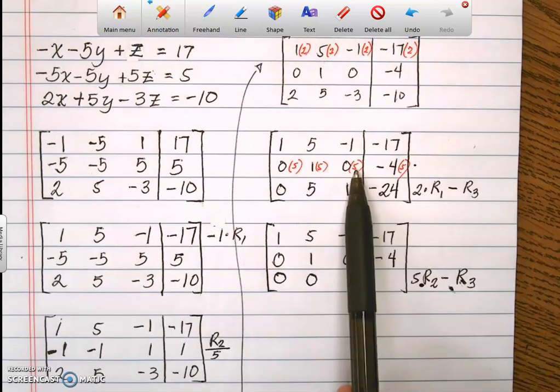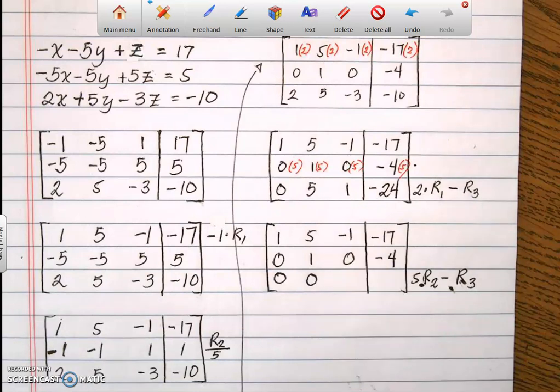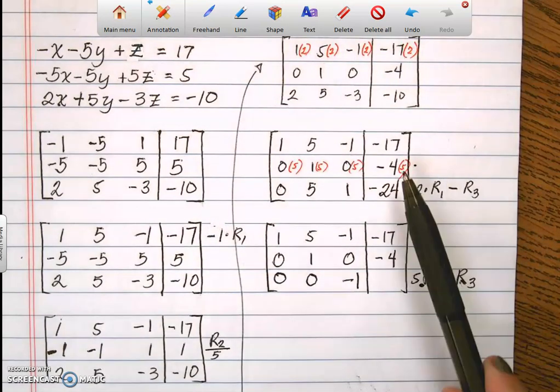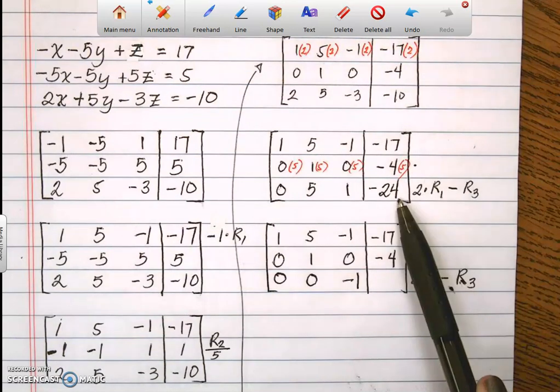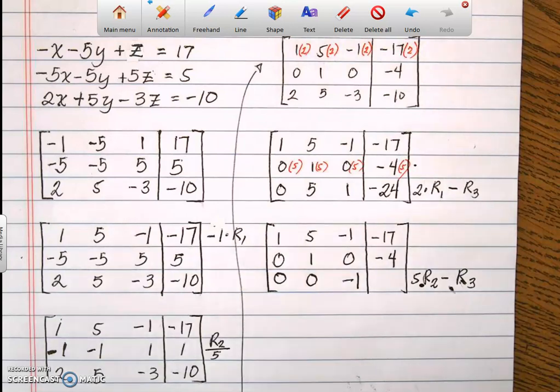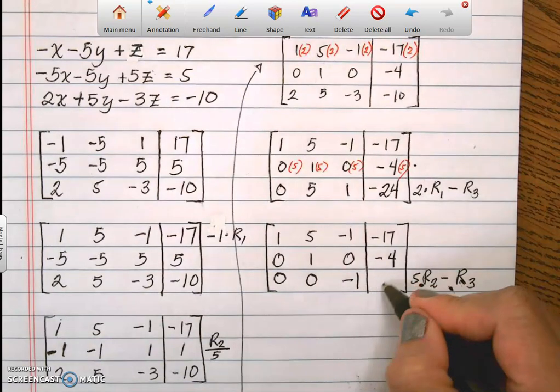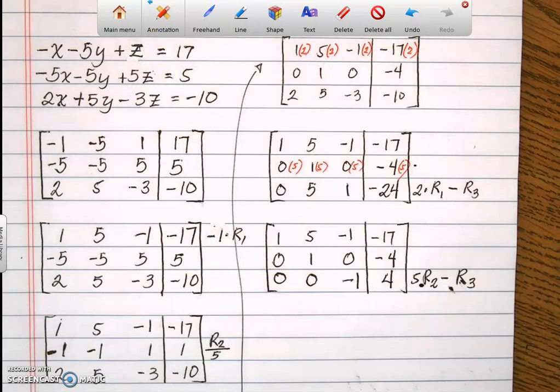So 0 times 5 is 0, minus 1 is negative 1, negative 20, okay, minus negative 24 is positive 4. All right? We're almost done.